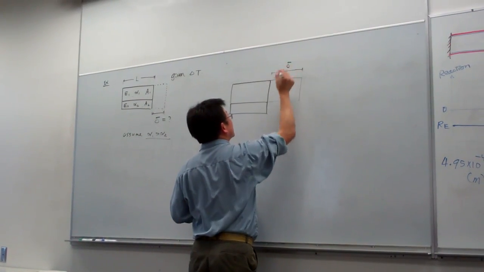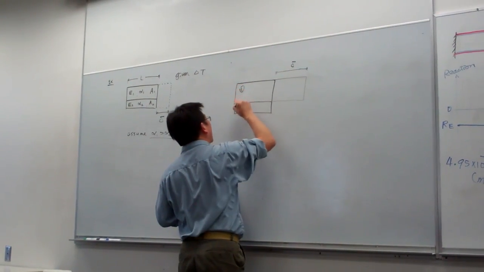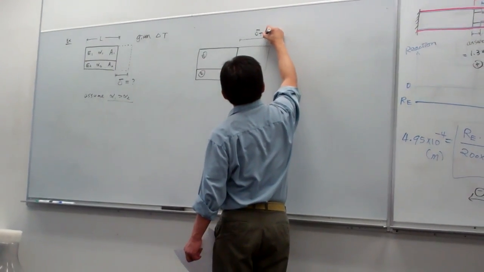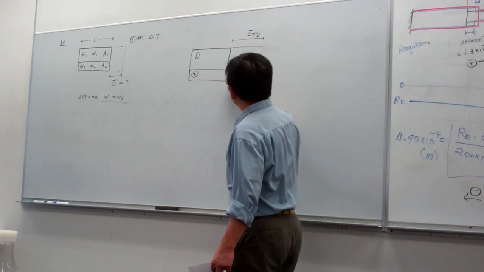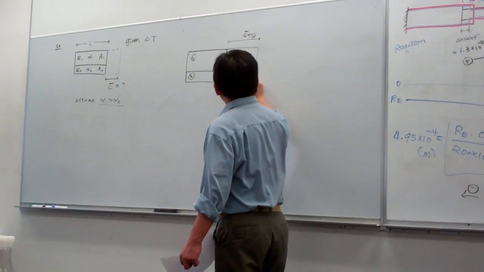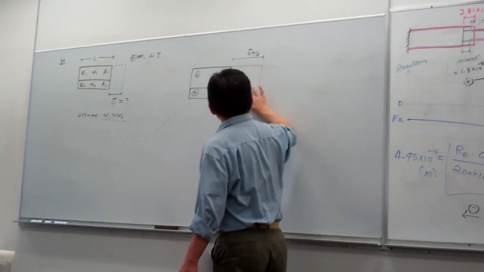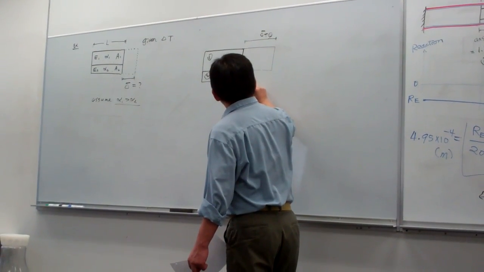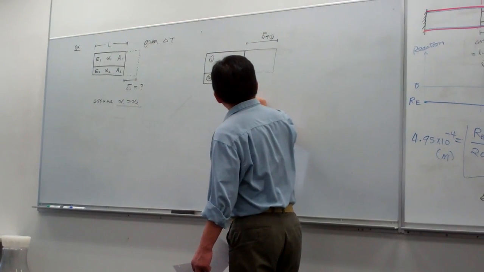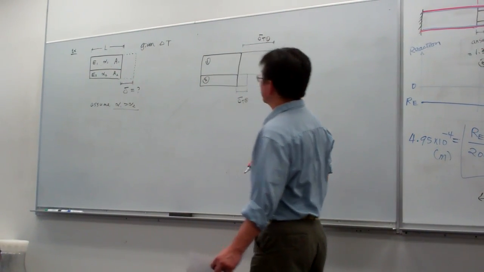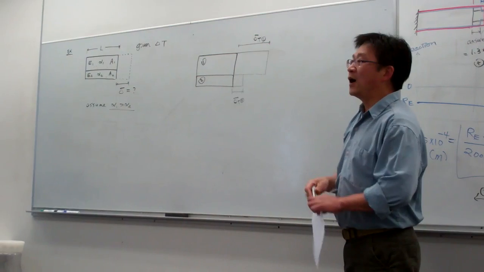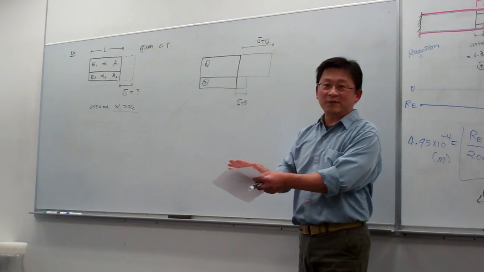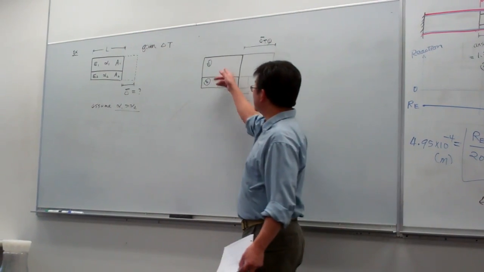Let me use this delta. This is material 1, material 2. This is the thermal expansion of the first material. And assuming they're free to move from each other, this will be the thermal deformation for the second material. However, they are glued together. So there's a tug of war, a competition, between them.